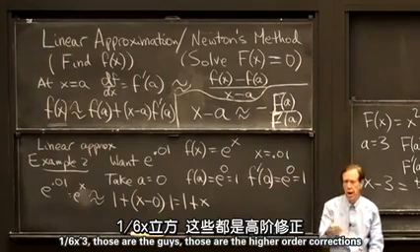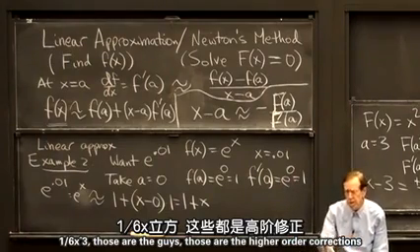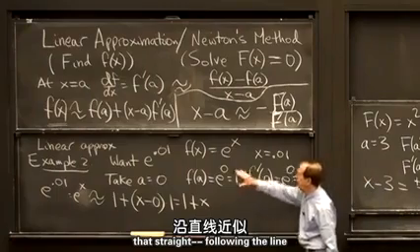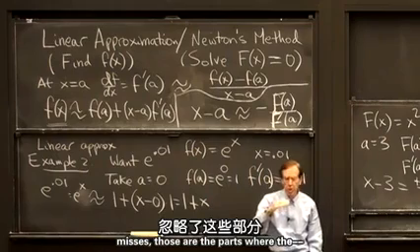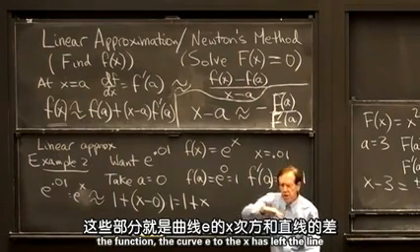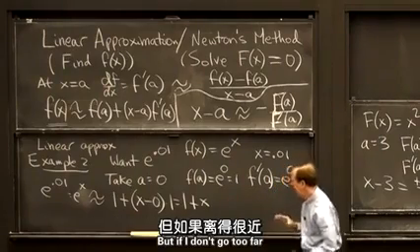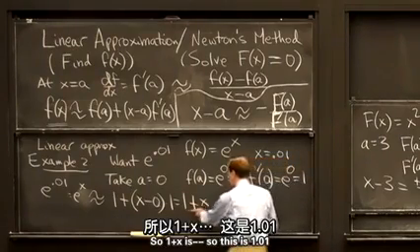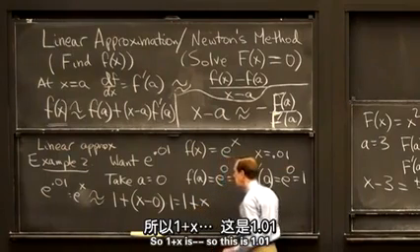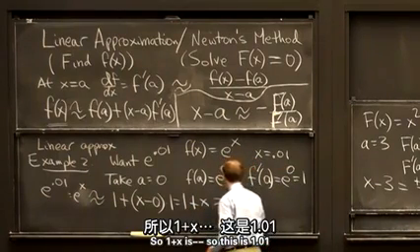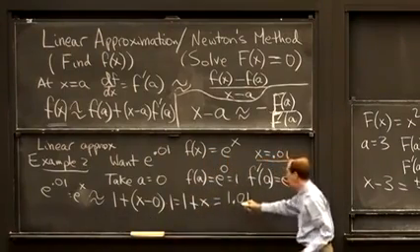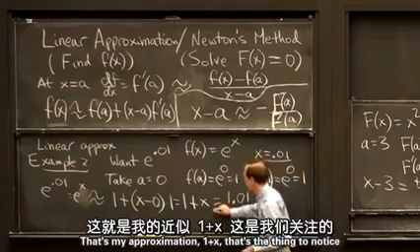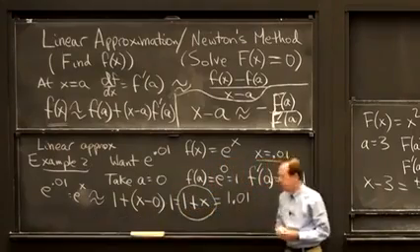Those are the higher order corrections that following the straight line misses. Those are the parts where the curve e to the x has left the line. But if I don't go too far, 1 plus x is 1.01. X is 0.01. That's my approximation. 1 plus x. That's the thing to notice.